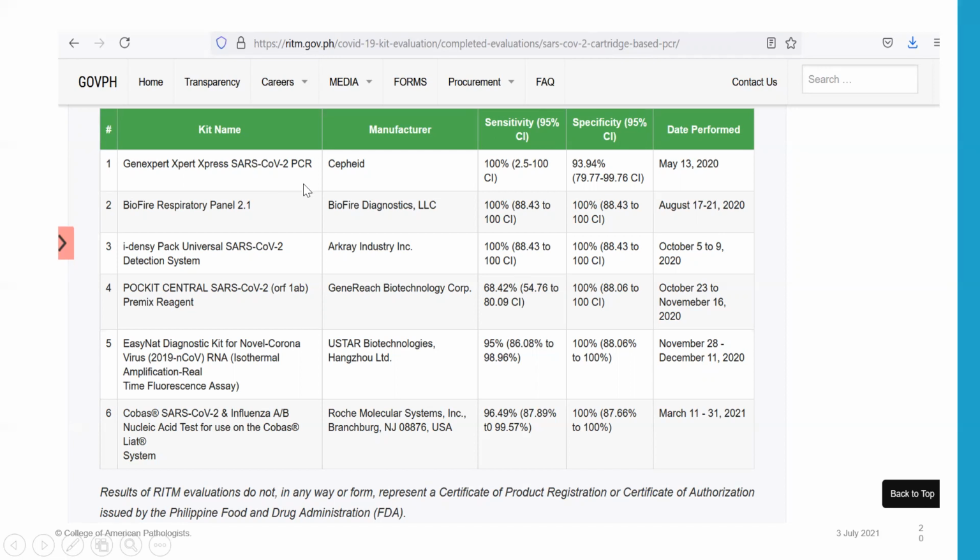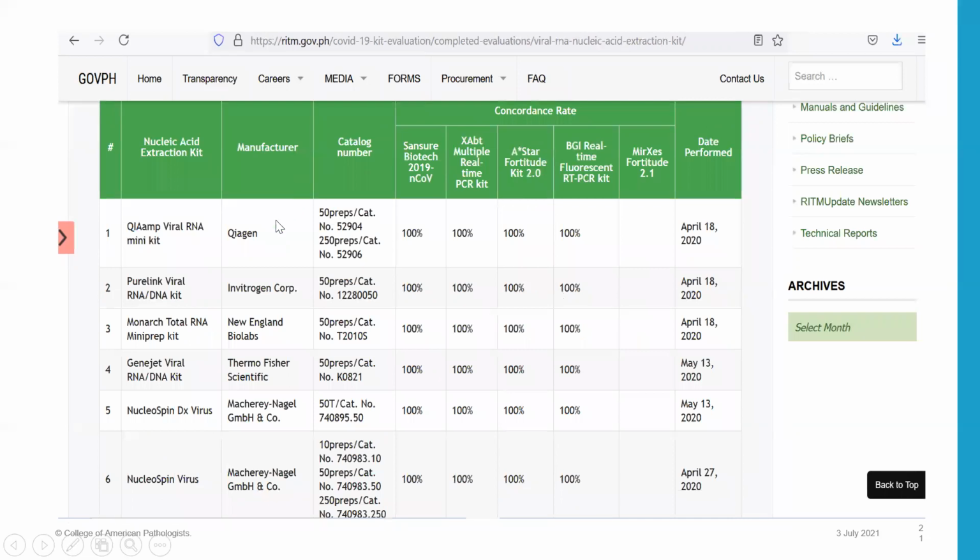And of course, we have all the other platforms like cobas, which came out later. And then for the nucleic acid extraction kit, you see the Qiagen viral RNA mini kit is being used. And it was registered early in April and seemed to have passed all the criteria set.